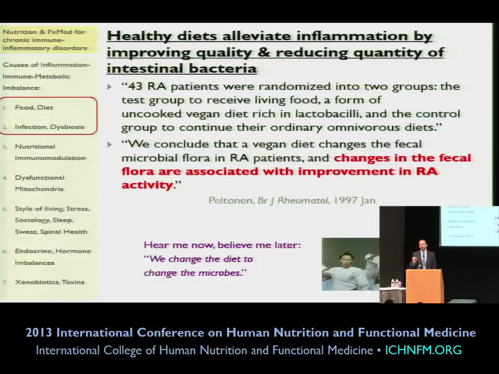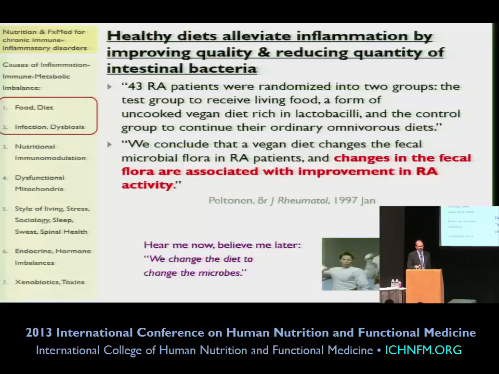If the change simply resulted from nutrient intake, then all of the patients you'd expect them to more or less experience a similar benefit, right? Because nutrient intake remains constant across the group. But what differentiates those who respond to a plant-based diet from those who don't is changes in microflora.